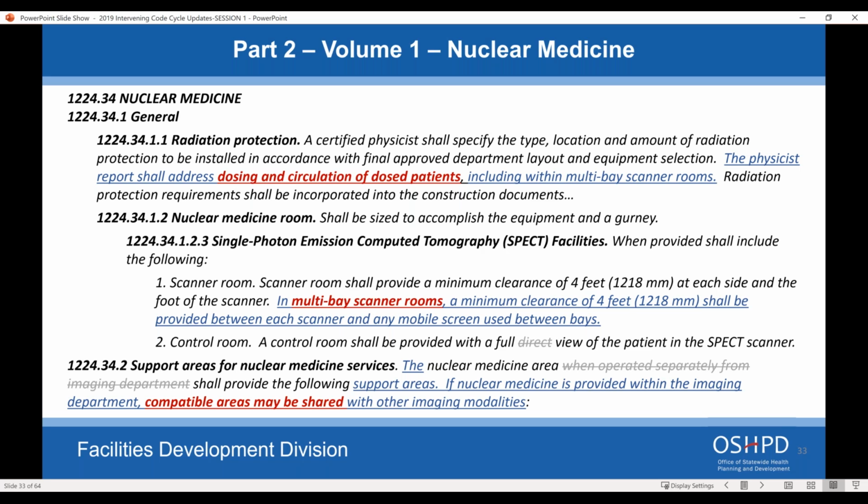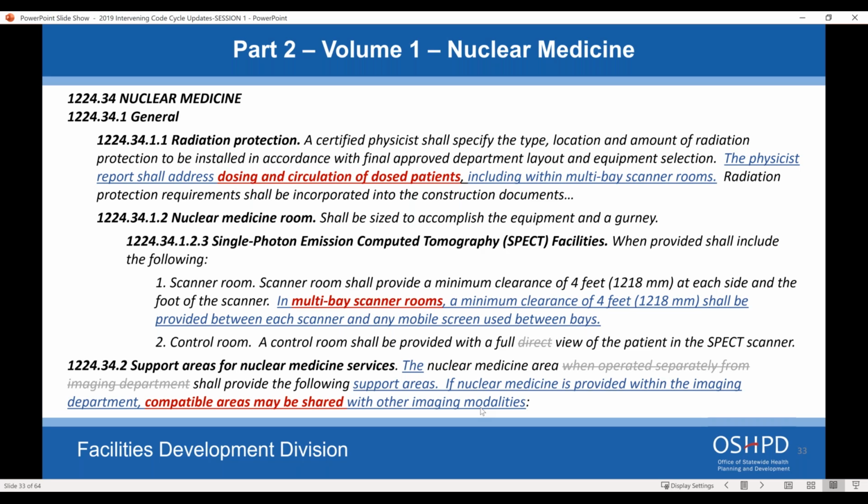So this allows, with the top item here for dosing and circulation, for the removal of those areas if they're not needed, but also makes it clear that if nuclear medicine is provided within the imaging department, compatible areas may be shared with the other modalities.